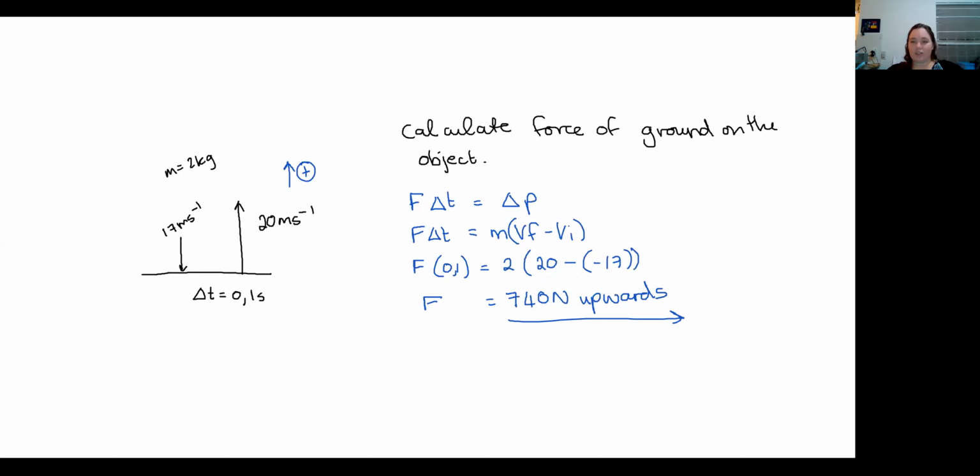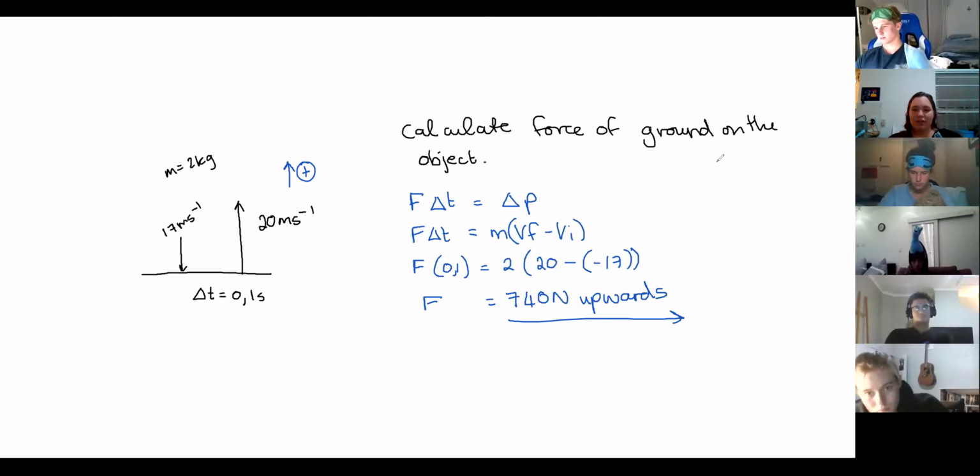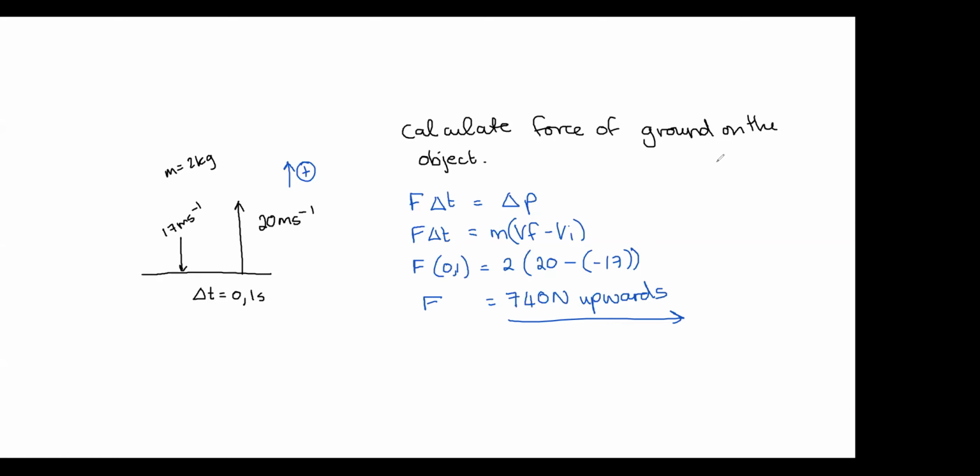I probably should have a second bracket there. Worked that out and got 740 newtons upwards. Can I quickly double check who got the same answer as me? Fantastic. I'd like to hope that the second time around gave you a chance to get it right, even if you hadn't got it right the first time.